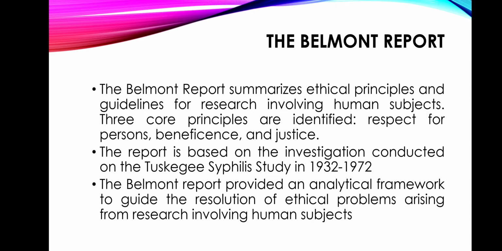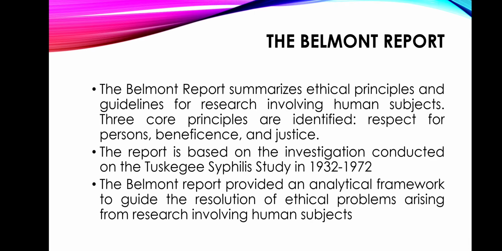So I asked you to research on what happened during the Tuskegee syphilis study. To sum it up, we found out that the Tuskegee syphilis study happened in Alabama, USA, from 1932 to 1972.